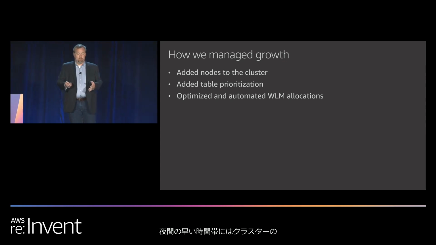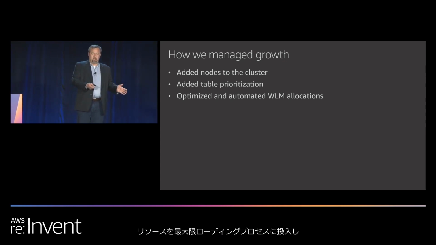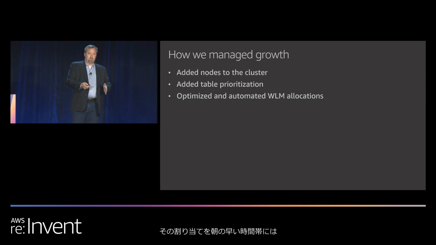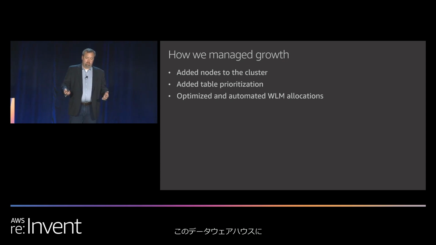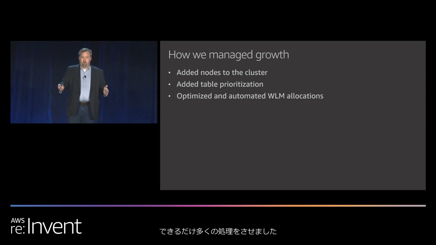Basically what that means is that we would give most of the cluster's resources in the early evening hours to the loading process, and then shift that allocation to the querying processes in the early morning hours, trying to squeeze as much processing out of this data warehouse during that 12-hour overnight time period.